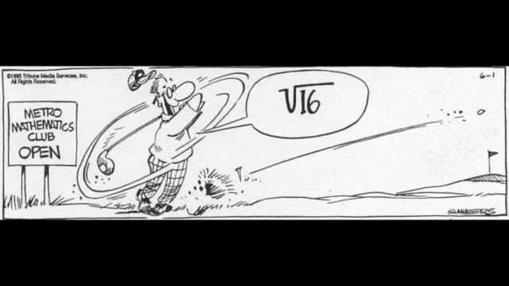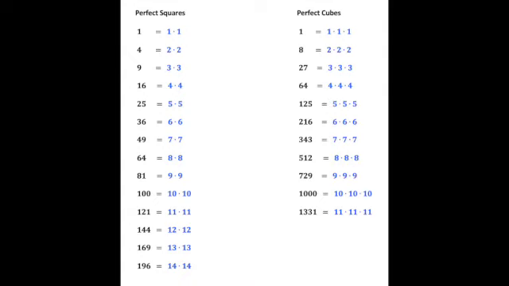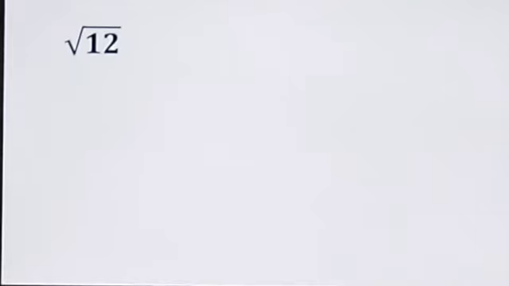Eventually, you will start to recognize the factors that will give you the groups that the index tells you to look for. For square roots, these numbers are called perfect squares. And for cube roots, they're called perfect cubes. For an example, let's look at the square root of 12.